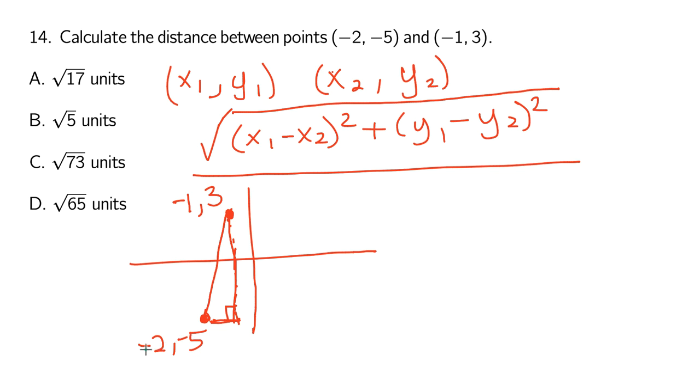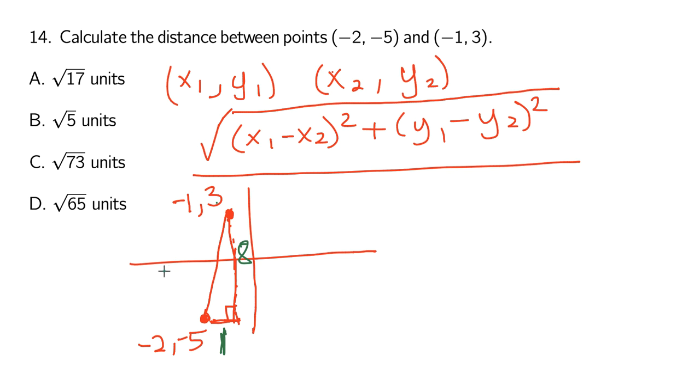For the x coordinate, you see that we move from -2 to -1, so we just move 1 step. For the y coordinates, we move from -5 to 3, so to do that you need to move 8 steps. So we now have a right angle triangle with one leg having length 1, the other leg having length 8, and we are supposed to find the hypotenuse.